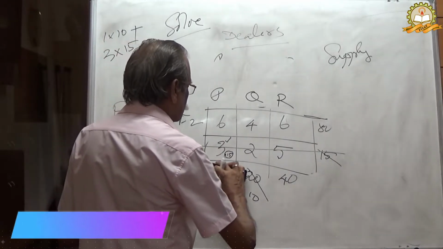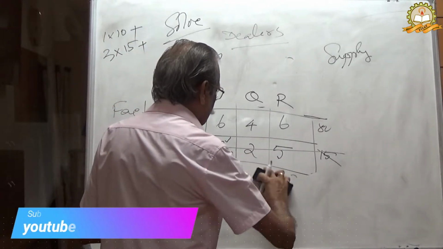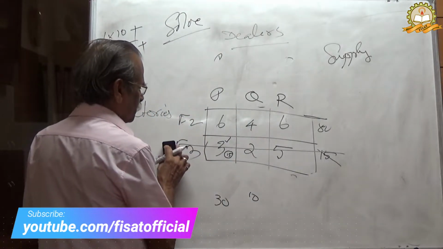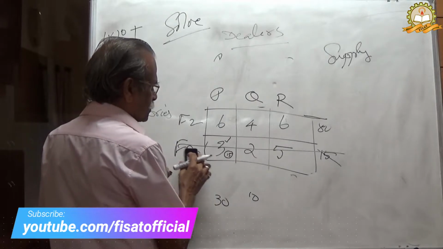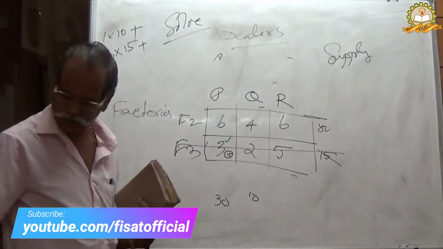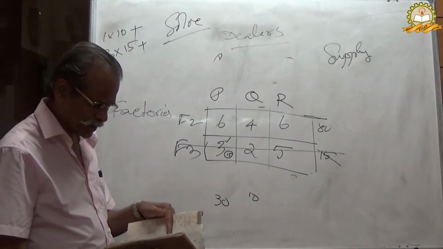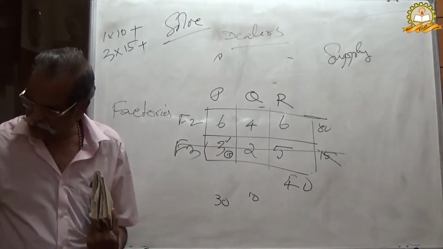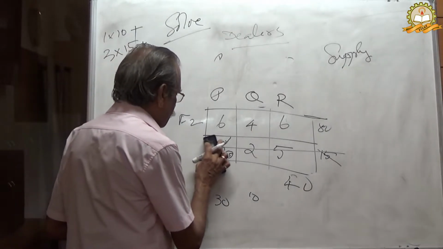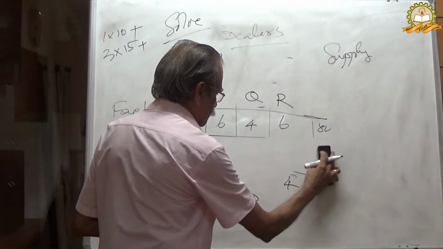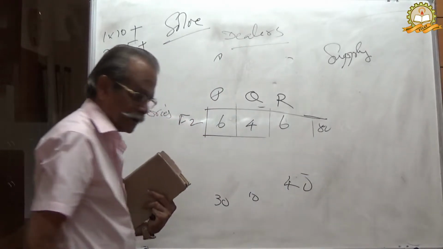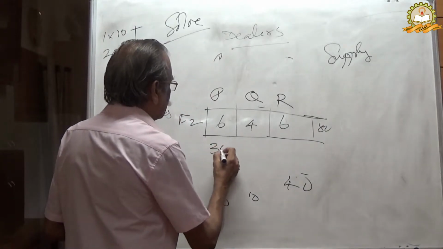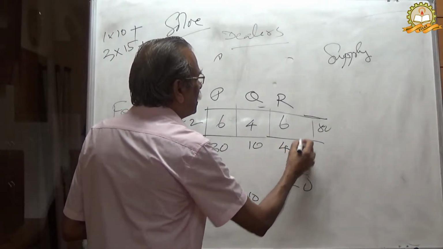Therefore, the revised matrix, after cancelling row F3, will be: you can draw that 3, 10, 40, with 30, 10, 40, and here it is 80.